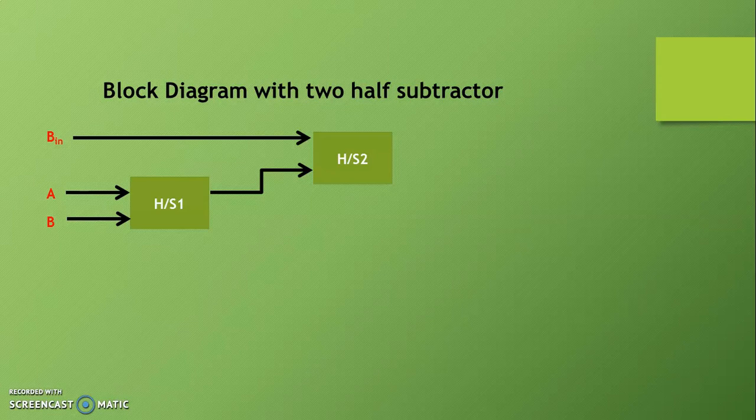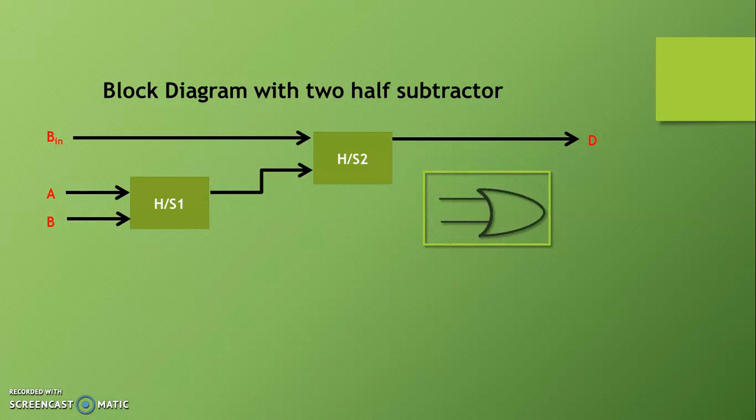So we have difference D from the first half subtractor, and we have borrow from the previous stage, and the difference output of the second half subtractor is taken as the final difference output D. At the same time, we use one OR operation.